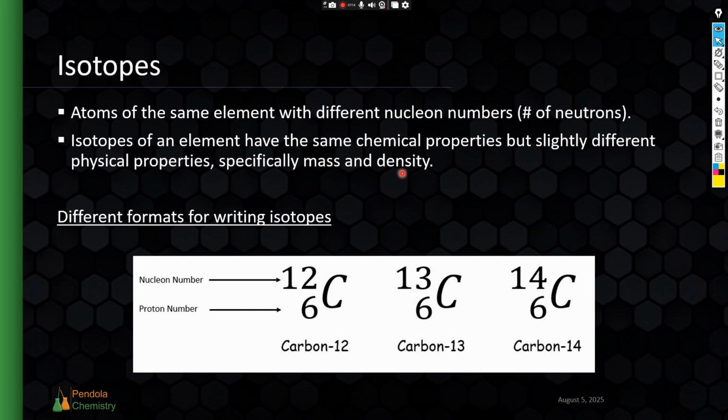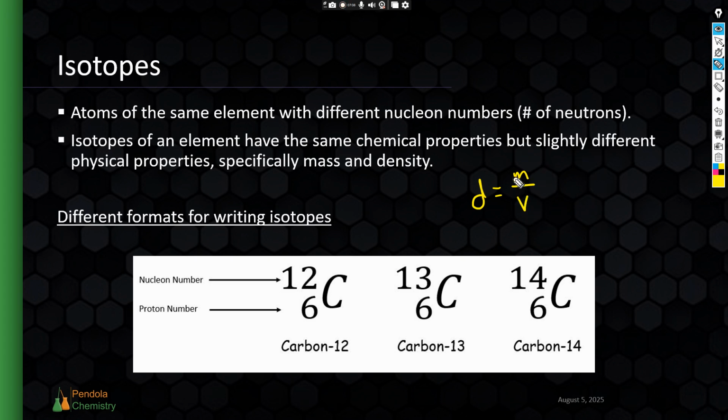And because the volume of that element stays the same, the density of that isotope is also different, because we're changing the mass but not the volume. And if we remember from middle school, the density of anything really is equal to its mass divided by its volume.